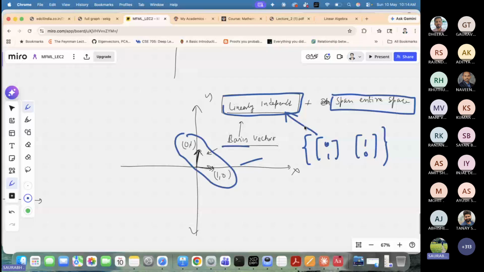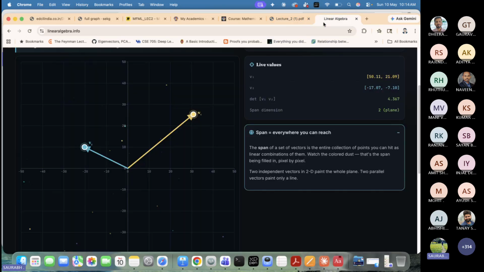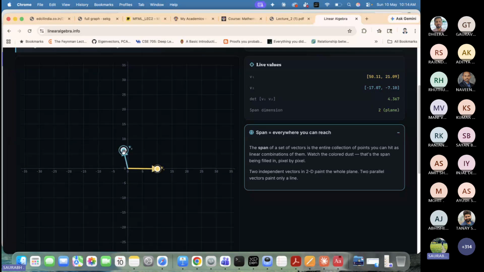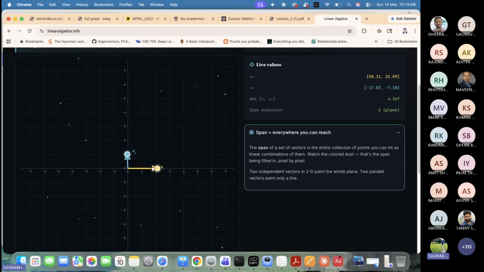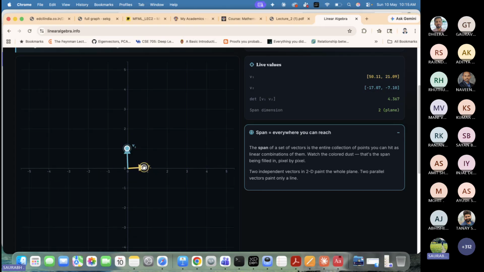Let me also show it again. This is the first vector, and this is the second vector. Using these two linearly independent vectors, you will be able to exhaust the entire space, reaching any possible point in this two-dimensional space.